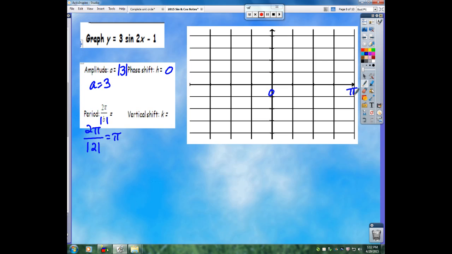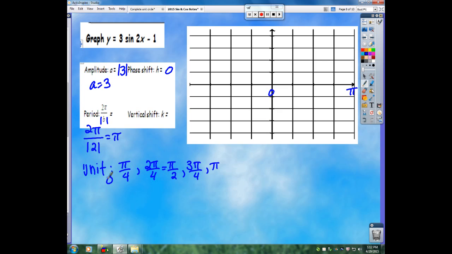So here's where our units come in. We want to divide pi into 4 equal units. So we're going to take pi and divide it by 4. That's 1/4 pi. Then we want 2/4 pi. Well, 2 pi over 4 is pi over 2. Then we're going to have 3 pi over 4. And then 4 pi over 4 is back to our pi, starting this at 0.